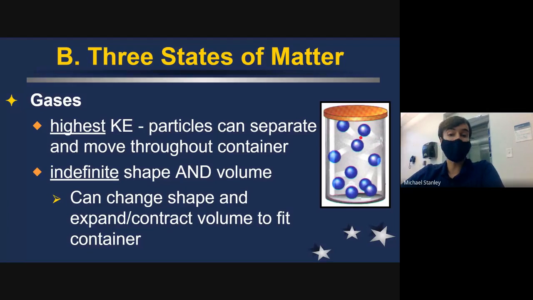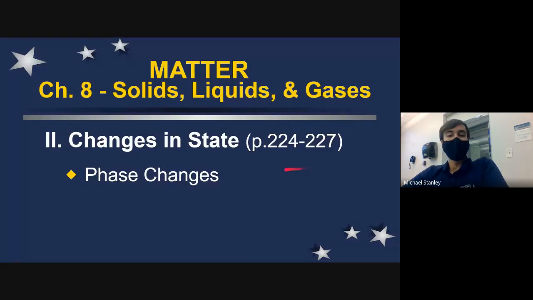Instead, it's possible for them to change from one state to another. So we call these changes phase changes. So when we go from a solid to a liquid, or from a liquid to a gas, we call it a phase change. We're changing from one state or one phase to another.